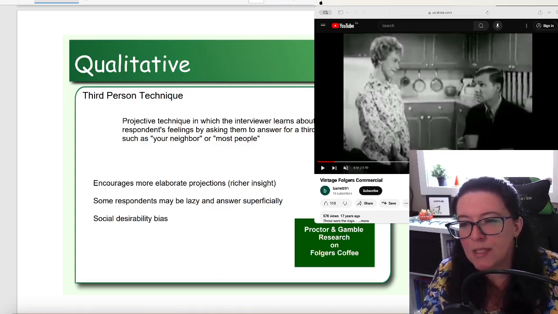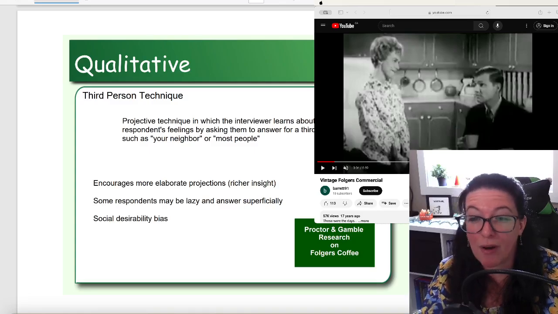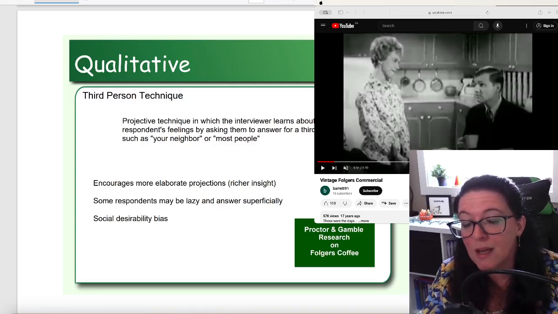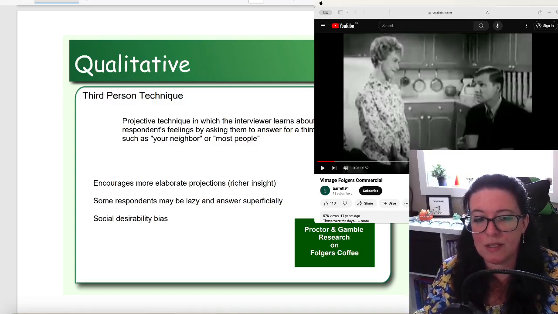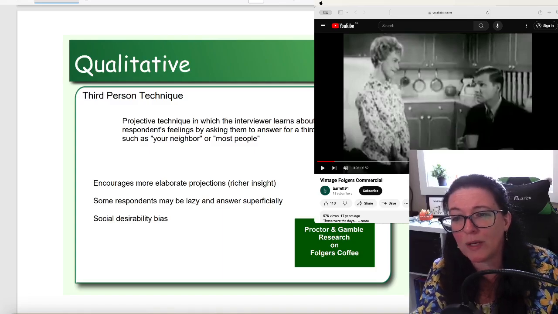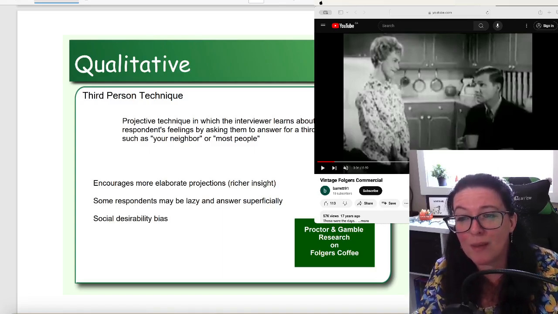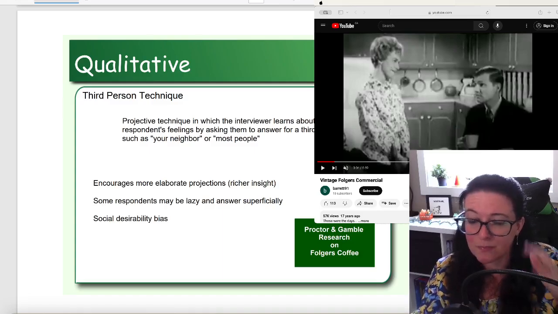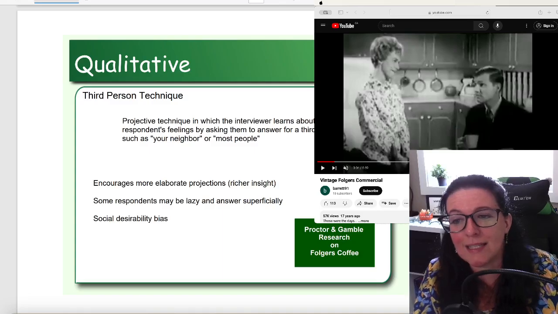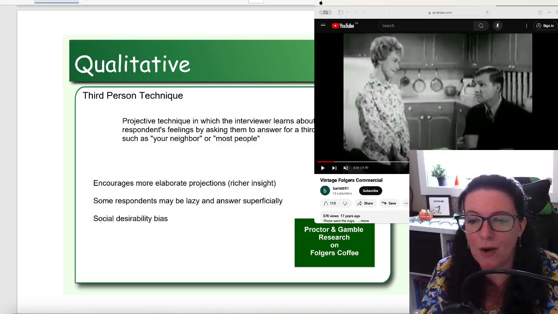So we can use this to measure what are the perceptions of our product and the people who use our product. We can also use it to get to more sensitive issues in terms of things that people aren't willing to talk about for themselves, whether that is use of more illicit drugs, right? You're not going to tell about how much heroin you've used or whether you've tried it.